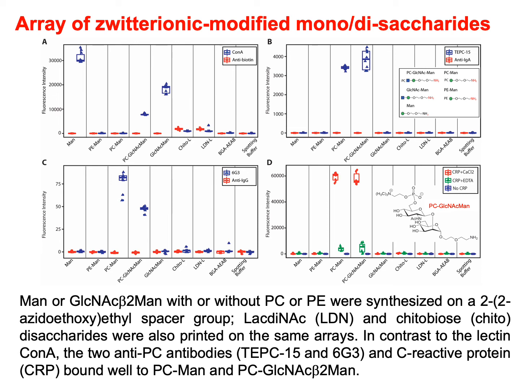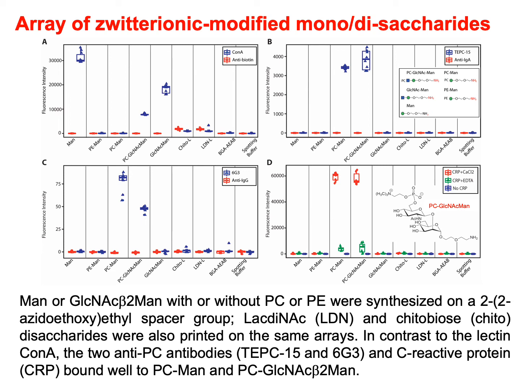Now, the Con A bound very well to the mannose and the GlcNAc-mannose, but binding was abolished if you had either the PE present or the PC on the mannose compound, or reduced if you had the disaccharide modified with the PC.